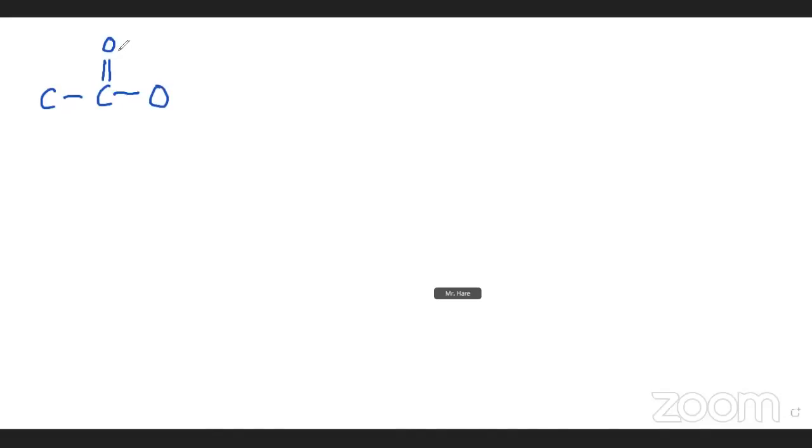I'm going to put a broken line here. Remember, in the alcohol, the negative charge was only on oxygen. So in the exam, if you can't remember stuff, just remember that in the carboxylic acid the negative charge is distributed between the two oxygen atoms.